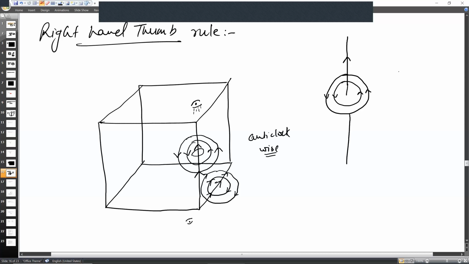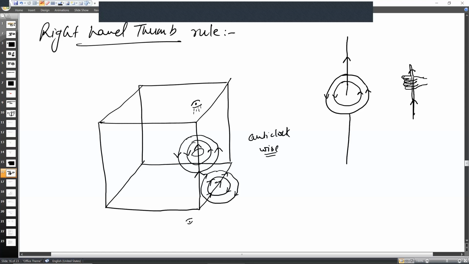The rule states that you hold a current carrying conductor in your right hand with your thumb pointing in the direction of the current. Then your curled fingers will point in the direction of the magnetic field line.